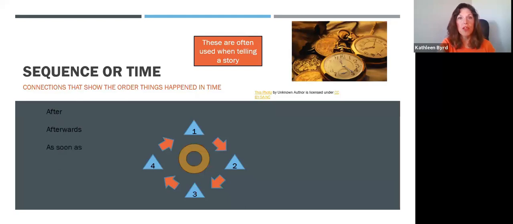Afterwards, as soon as, at first, before, finally, in the meantime, later, meanwhile, next, soon, then. These are all ways to show the order that things happened so that your listener does not get confused.